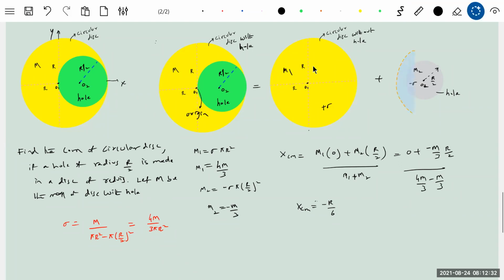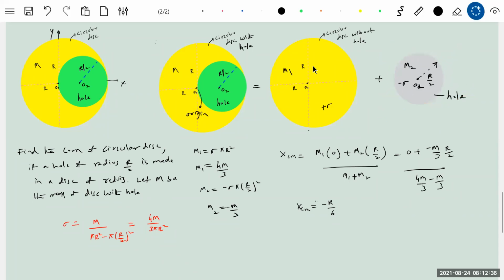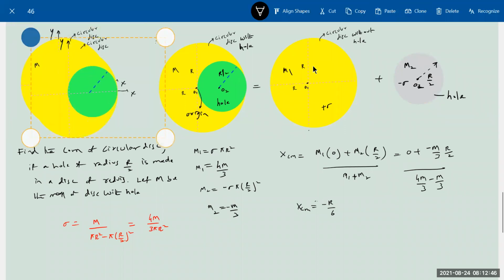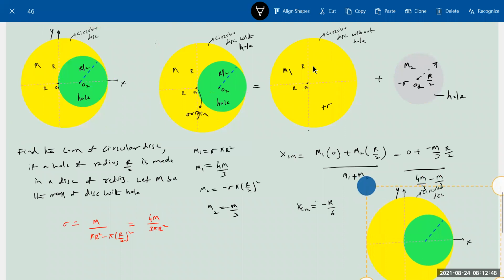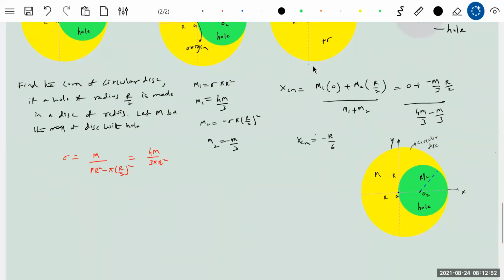So where the center of mass of the system is, I have to show it. It will be somewhere r by 6.